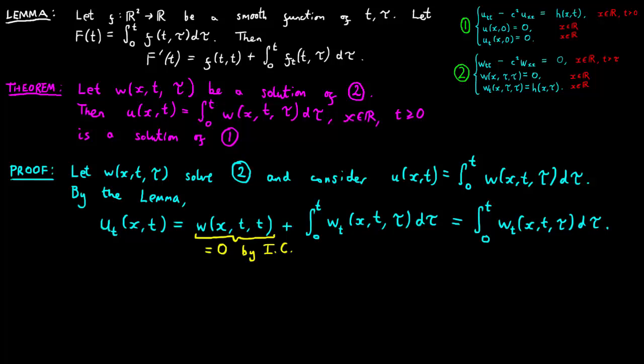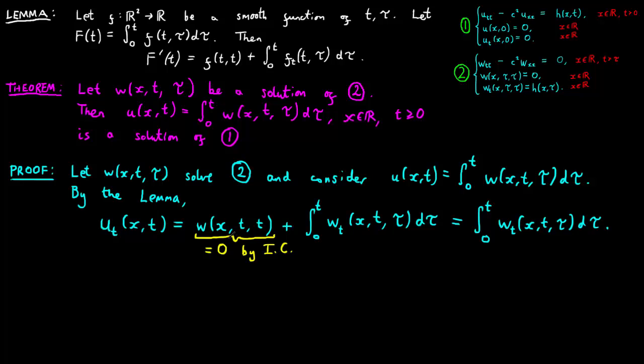The proof begins by using that lemma straight away. If we let w be a solution to this problem 2, and we consider u defined by this integral, then the lemma tells us that the t derivative of u is going to be equal to w of x, t, t plus the integral from 0 to t of w_t of x, t, tau d tau.